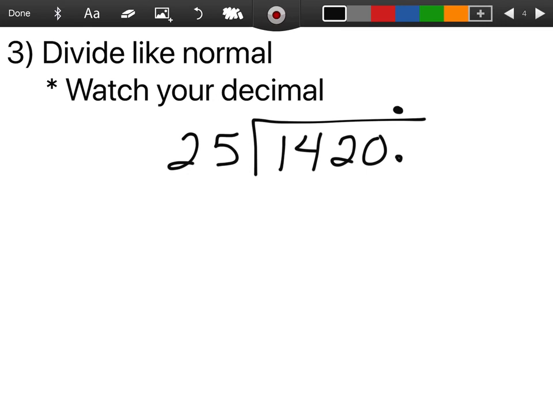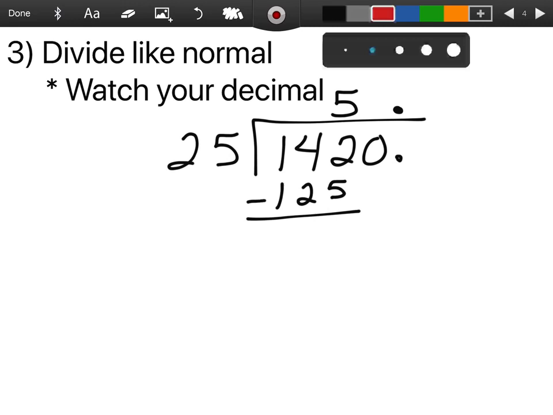Okay, so 25 cannot go into 1. 25 cannot go into 4. 25 goes into 142 5 times. Again, think money. How many quarters does it take to get into $1.42? Oh, that's 5 quarters. That gives me 125.